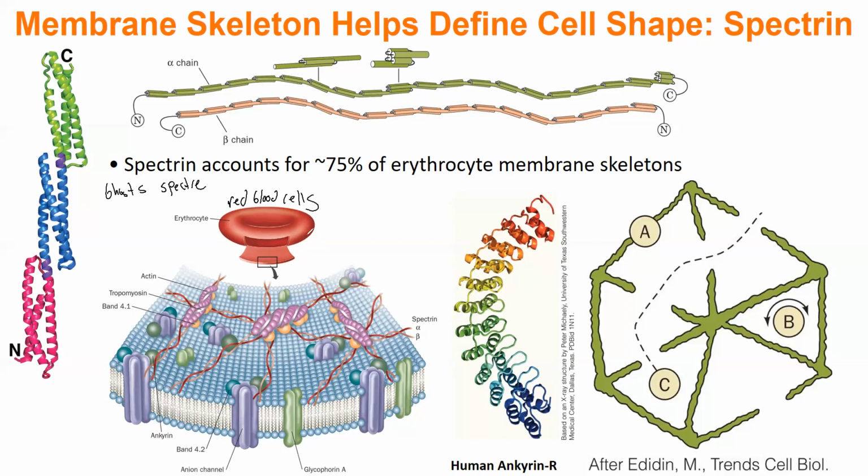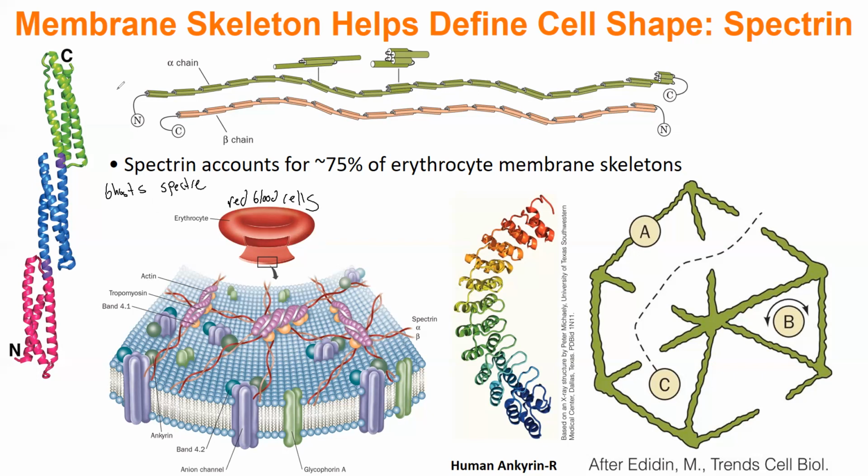And what they saw was this ghost shell floating around, where it had the shape of a red blood cell, but there was nothing in it. The only thing that was really left was this protein, which formed the shape of the cell. And so they named that spectrin.